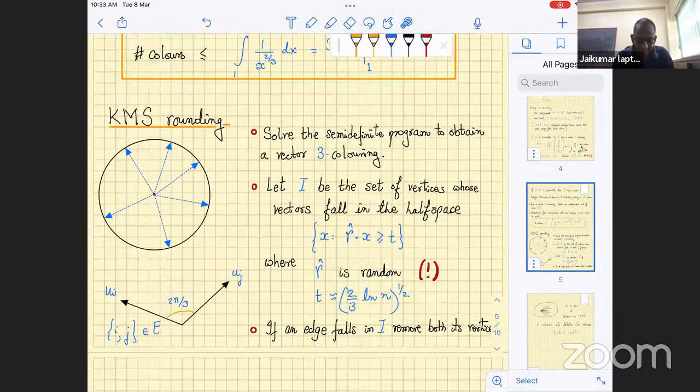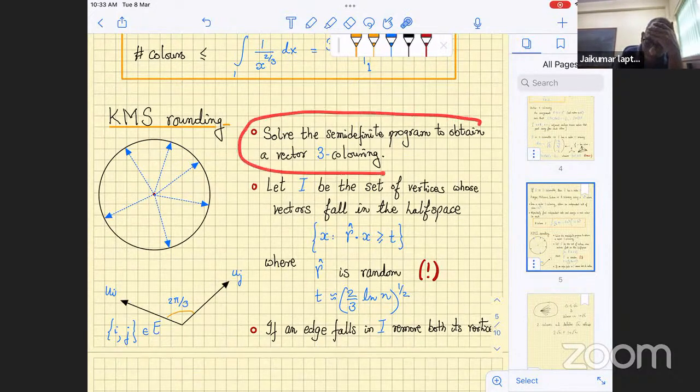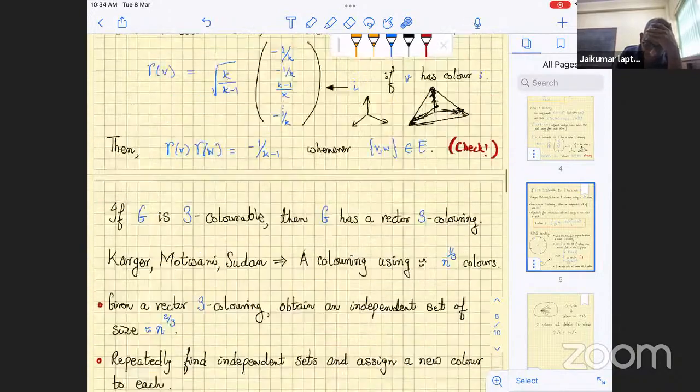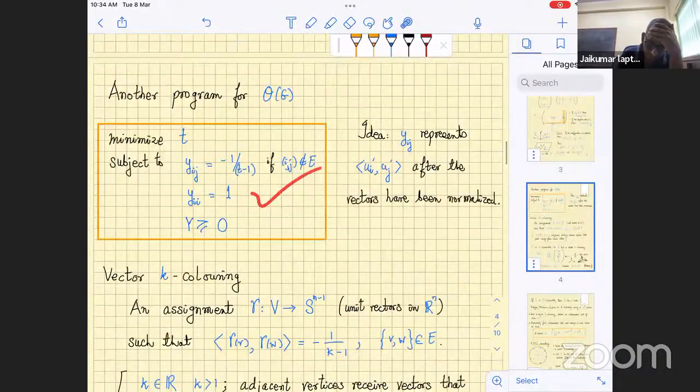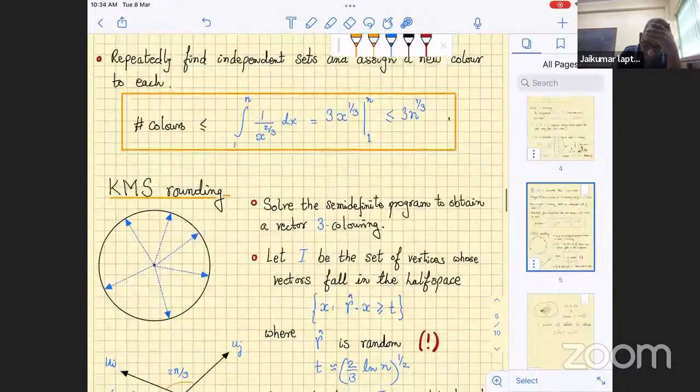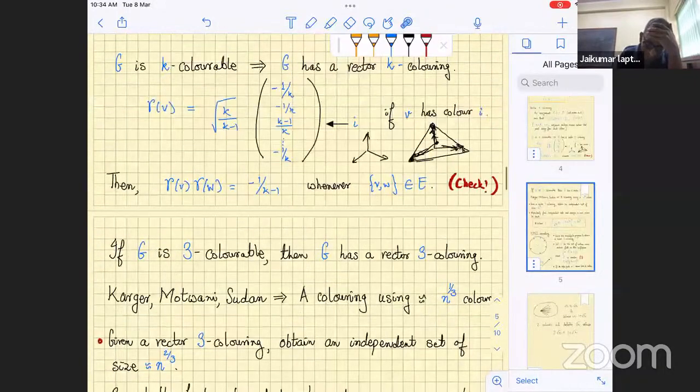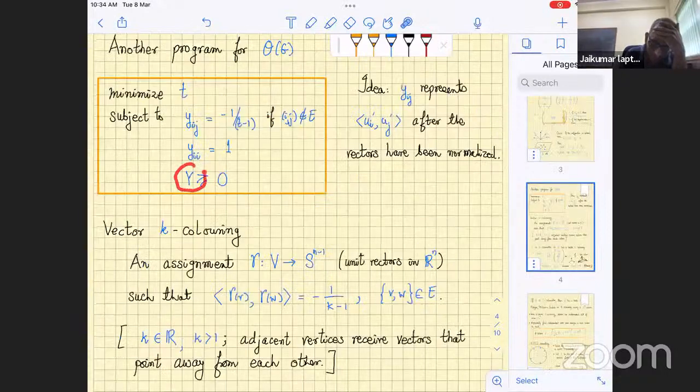So here is the idea. So what do we do? We solve the semi-definite program. Which semi-definite program? The revised semi-definite program. And we obtain this matrix Y. I have not emphasized this enough.